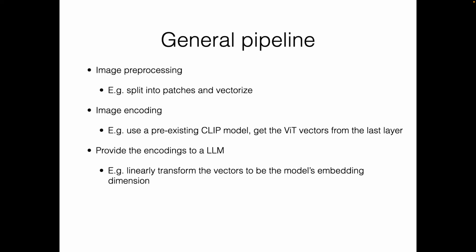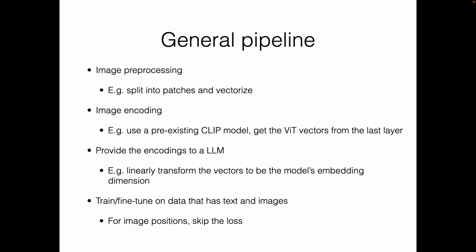And then the third step is to provide those encodings to an LLM. As I mentioned, you could linearly transform them if you want. And then train or fine-tune on data that has these text image pairs. Here again, we're not training the model to produce images, so for the image positions, you don't have any loss associated with it.